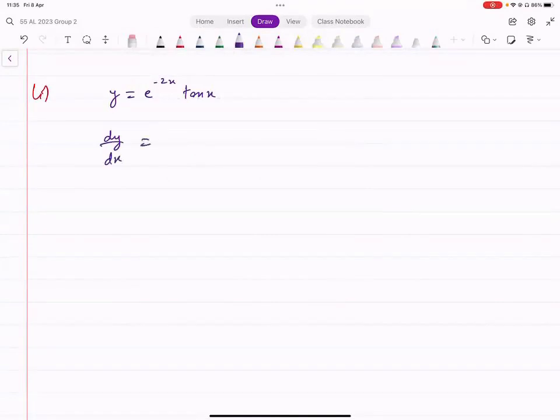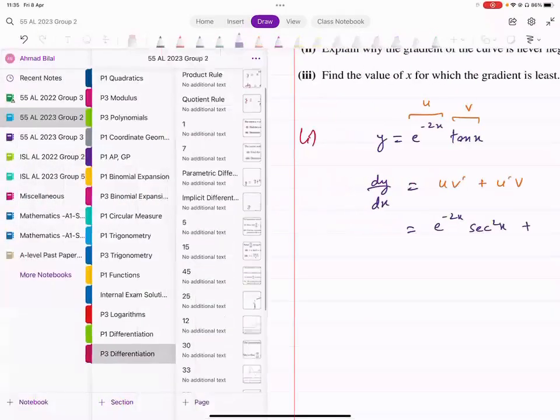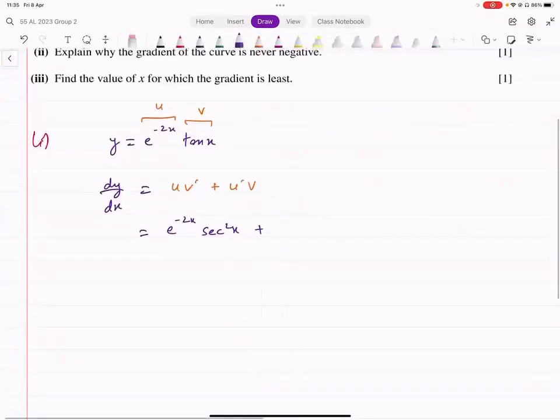dy over dx. We can say this is u, this is v. It's going to be uv dash plus u dash v. U as it is, e raised to power minus 2x, derivative of tan x, which is secant square x, then derivative of e raised to power minus 2x, that's e raised to minus 2x into minus 2 into tan x as it is.